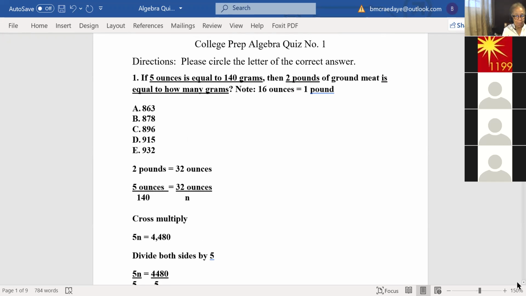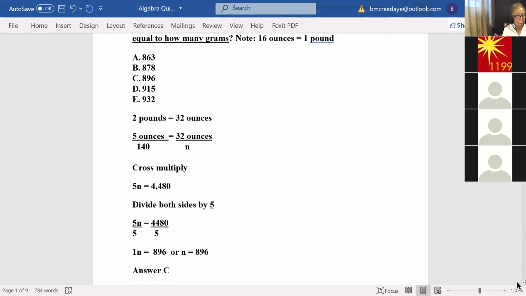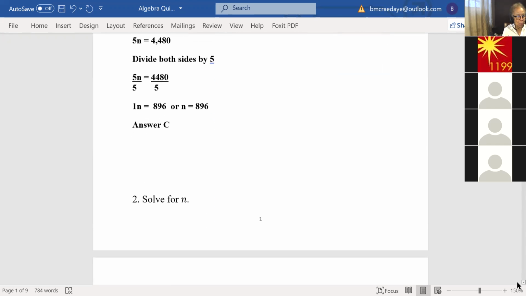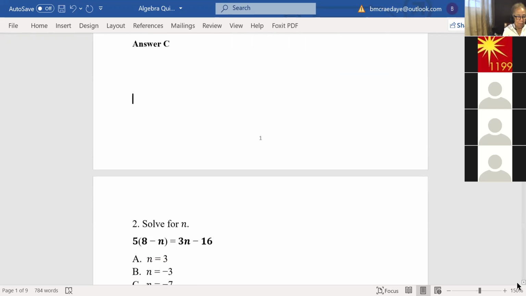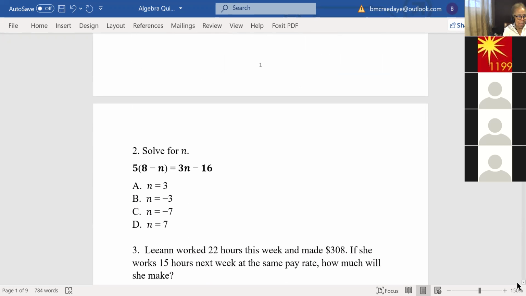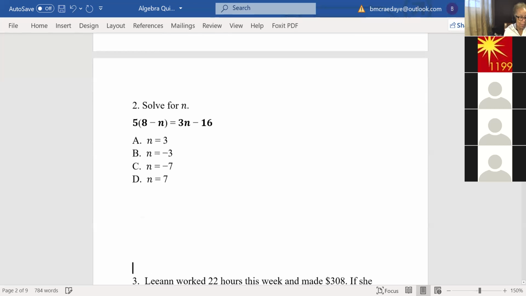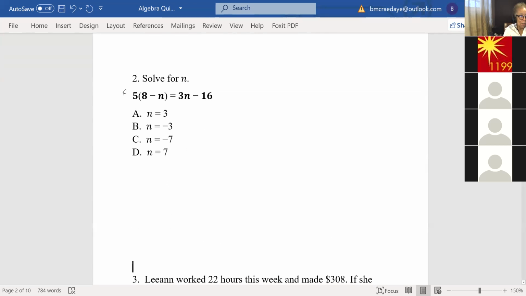All right. Now let's go to number 2. Solve for n. Latoya, how do you do this one? You do parentheses first. That's right. Excellent. So you tell me, I'll copy this, and you tell me what you got. It's going to be 40. Okay, let's copy that.